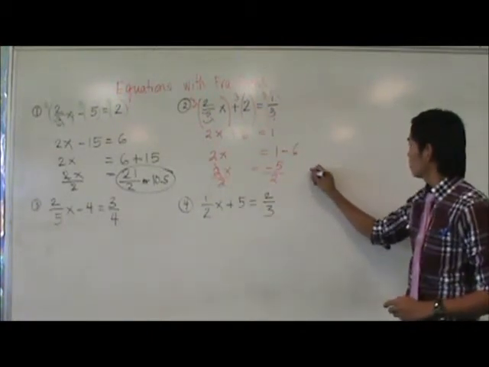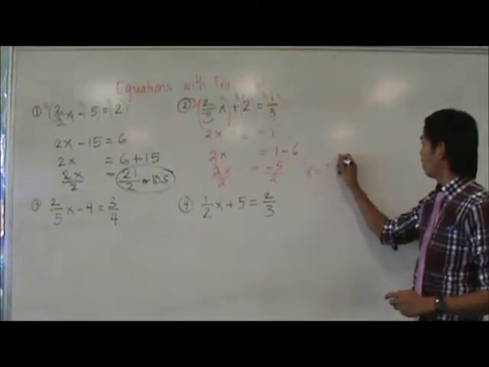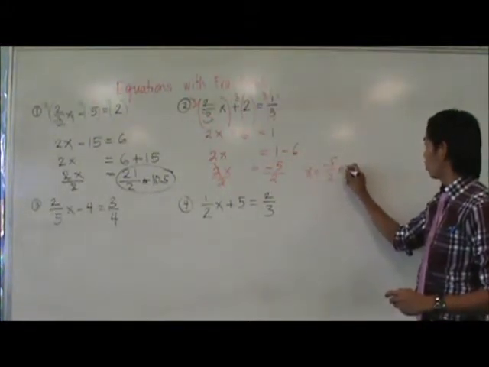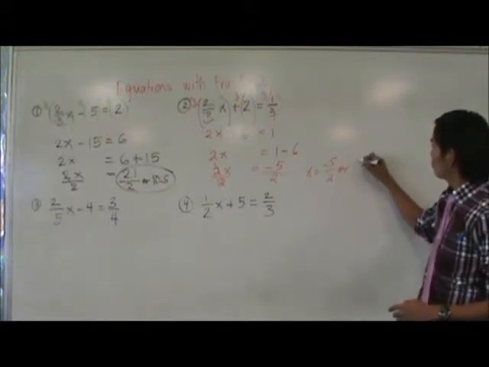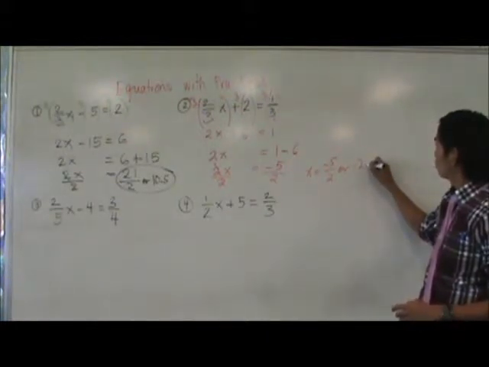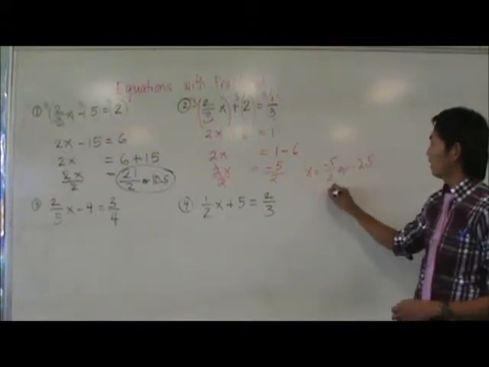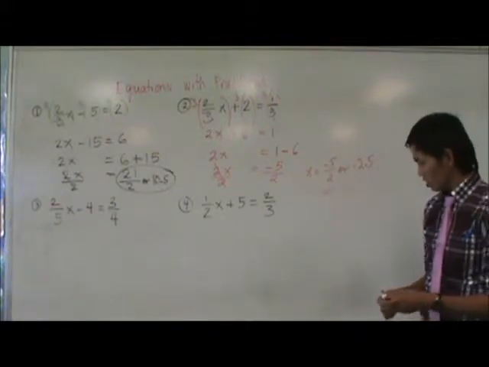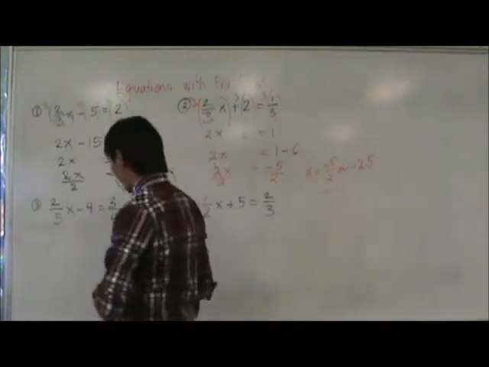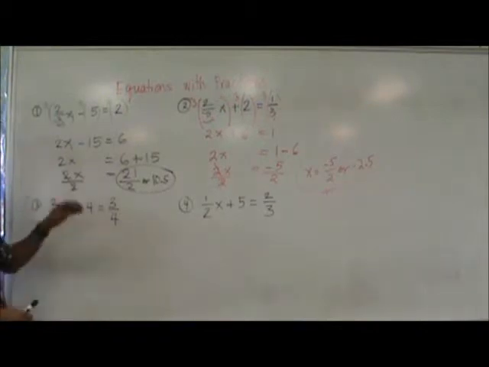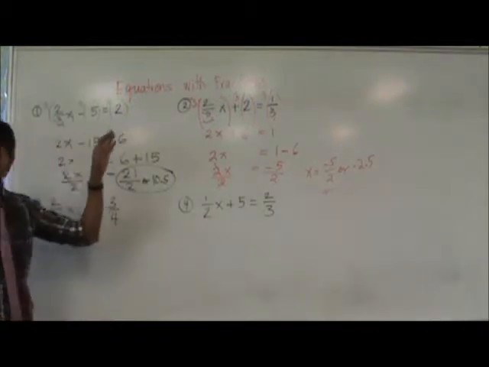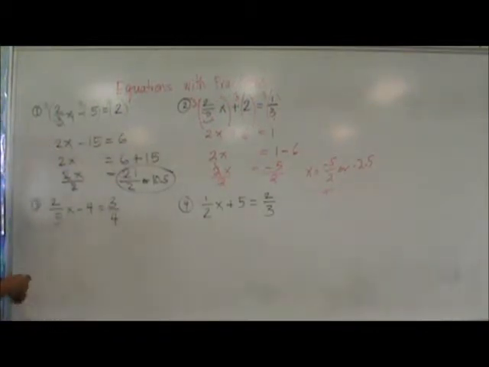So x should give you negative 5 over 2, or in decimal, negative 2.5. That's the final answer for number 2. You can always pause it and review the steps for numbers 1 and 2. Let's move on to number 4.